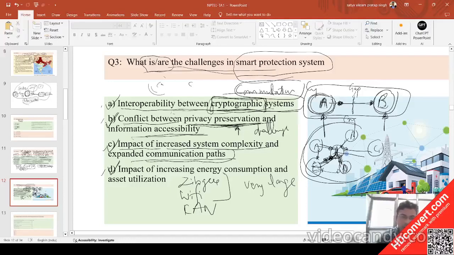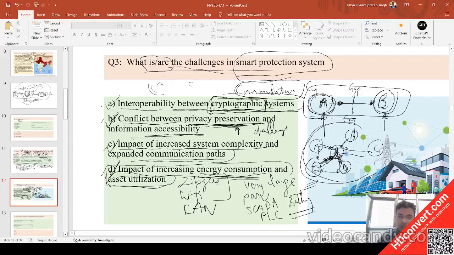Coming to D, the impact of increasing energy consumption and asset utilization. This is the most important part. Why? Because of energy consumption: there is a huge amount of systems you are installing. You are installing PMUs, a SCADA system, PLC based communication, battery backups, and that also utilizes a certain amount of energy from the grid itself.